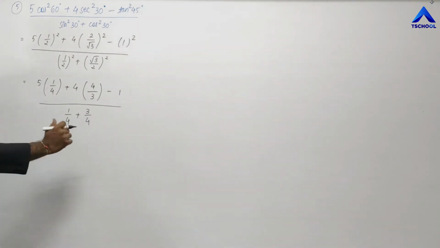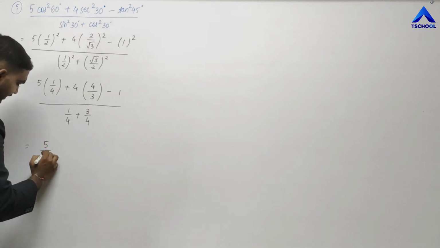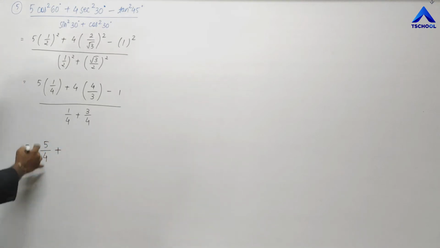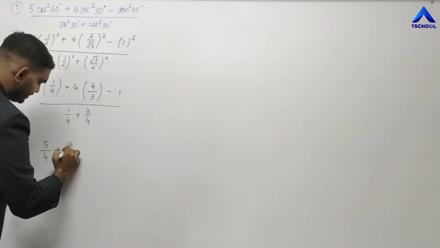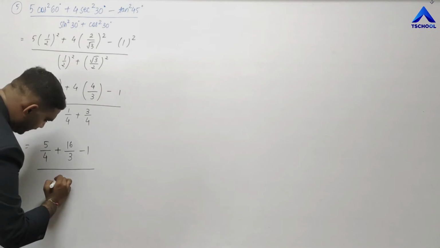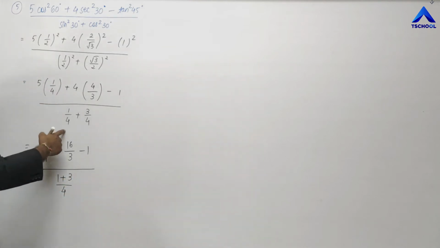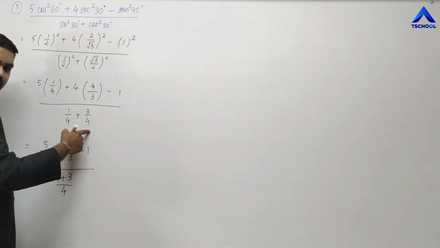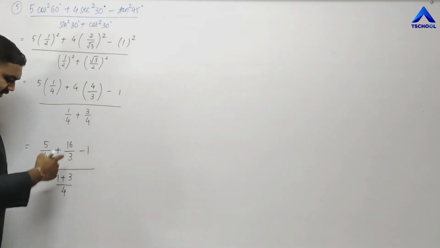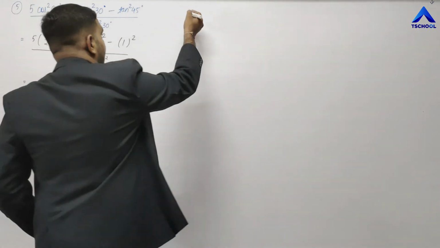So that is equal to 5 into 1 by 4, that is 5 by 4, plus 4 into 4, 16 upon 3, minus 1, whole divided by 1 plus 3 upon 4. As the denominator is common here, we can add up the numerator, so that is 1 plus 3 upon 4.